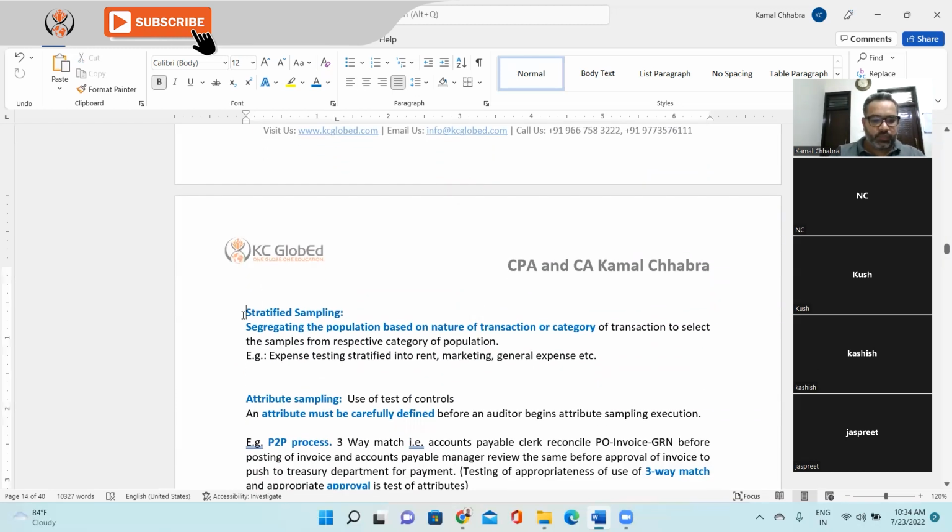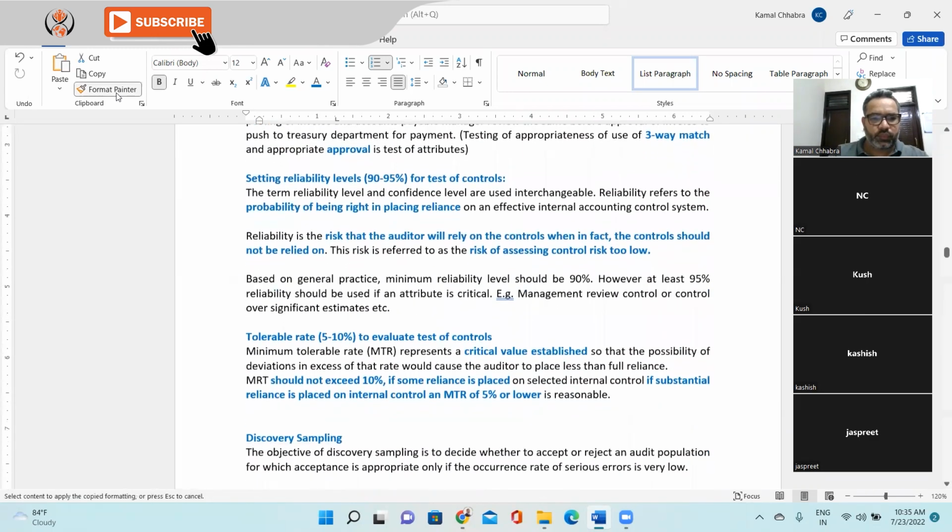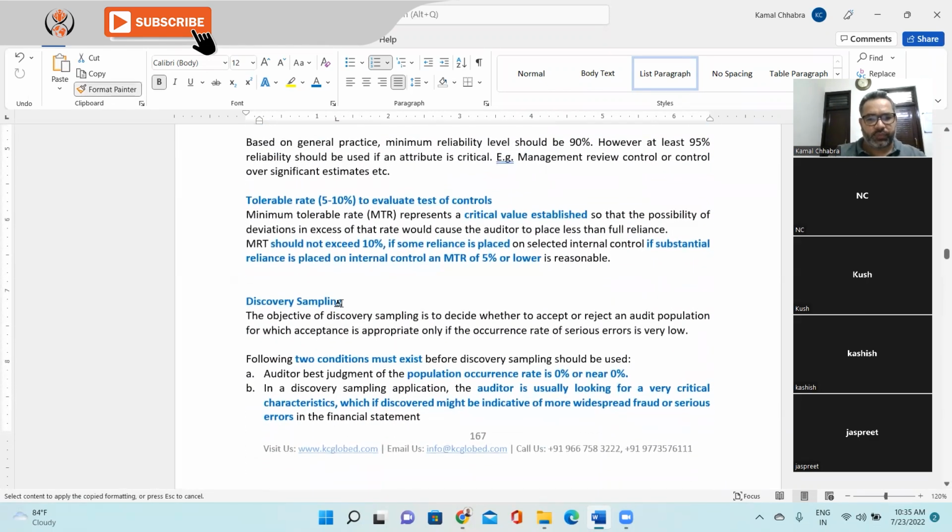I can put the pointers over here. Third is stratified sampling. And then fourth is discovery sampling.